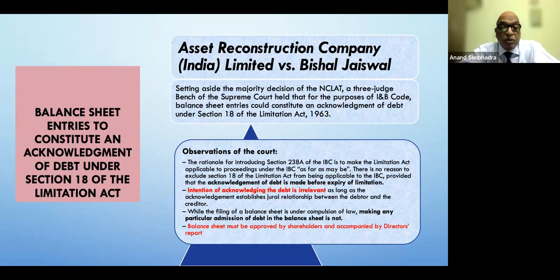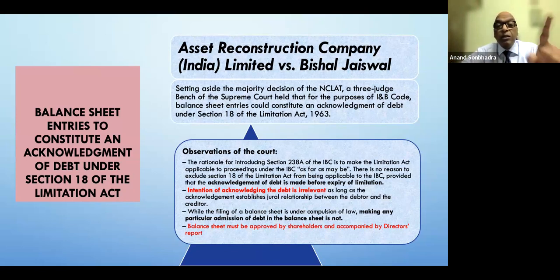So the court observed the rationale for introducing Section 238A of IBC is to make the Limitation Act applicable to proceedings under IBC, within inverted commas, as far as may be. There is no reason to exclude Section 18 of the Limitation Act from being applicable to the IBC, provided that the acknowledgement of debt is made before expiry of limitation.